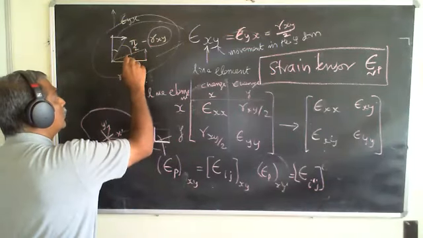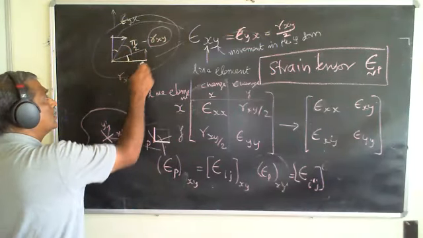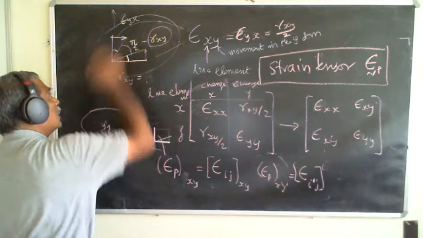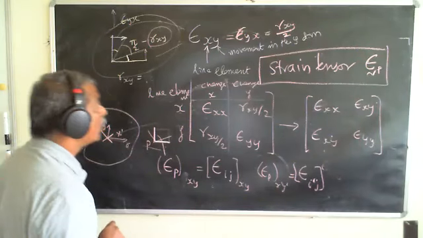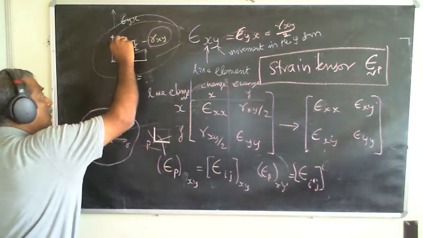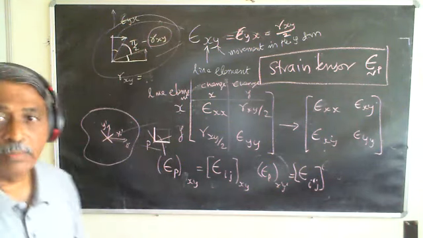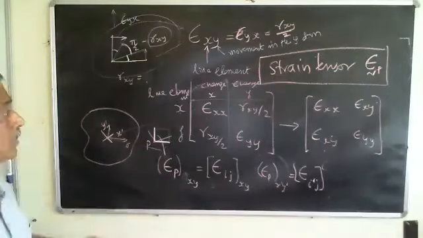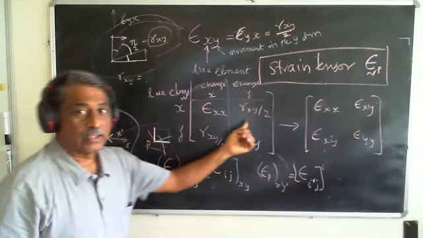So if there is a change, there is a rotation that happens to the line element along X and the line element along Y. We group them together and find out what changes occurred as far as the angle between the two line elements is concerned. And we use that information in order to find out gamma XY, right?